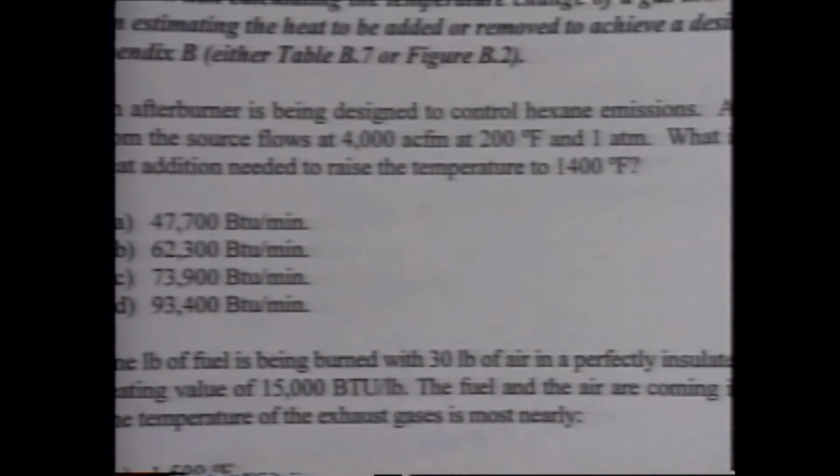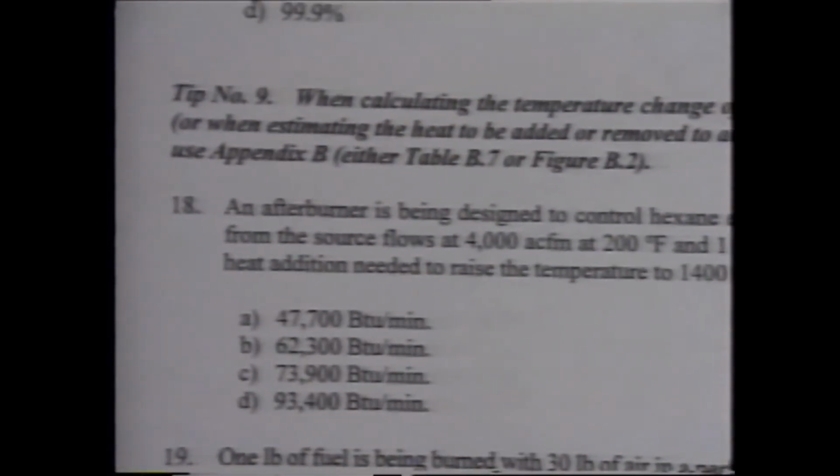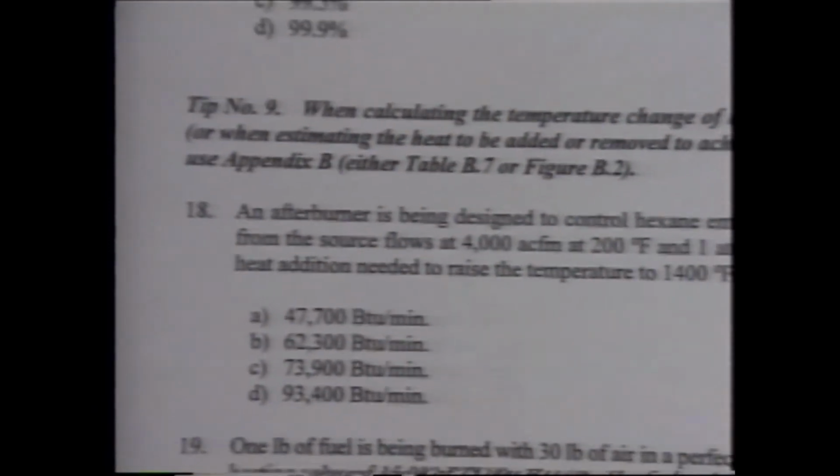Okay, now let's look at problem 18. And here's a hint before you get started on problem 18. When calculating the temperature change of a gas that is being heated or cooled, or when estimating the heat to be added or removed to achieve the desired temperature change, you should use Appendix B in your text.